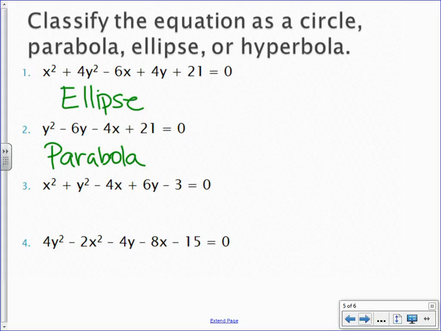What about number 3? Sean, what do you think? Ellipse. And why do you think it's an ellipse? Because it's addition between x squared and y squared. Okay. I'm going to tell you, if this was your answer on your quiz, you would only get half credit. Why?